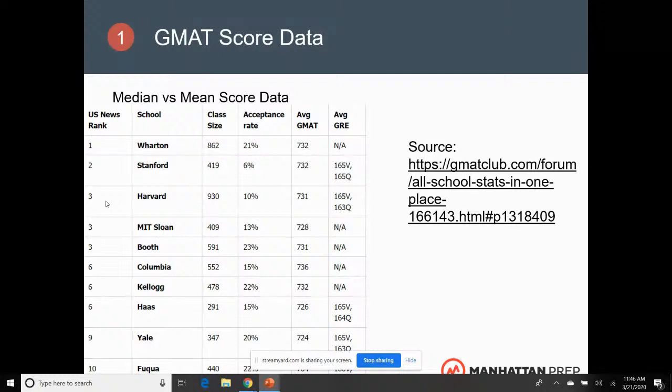There are a few of those in every school, but that person is definitely an outlier. You do not want to count on being that outlier. You definitely want something around 680 or 690. If that first digit is a 7, good. But once that first digit is a 7, start thinking about the other parts of your application and what else you can do to make yourself stand out.